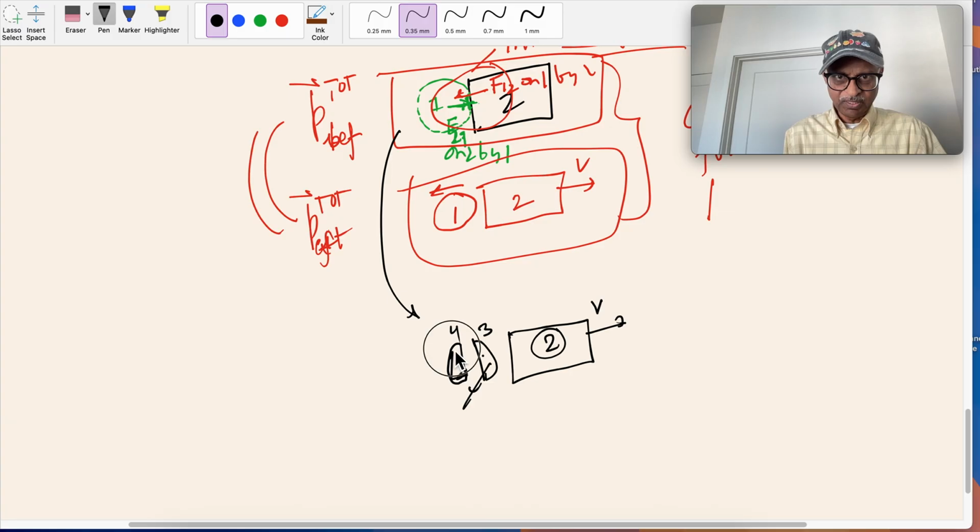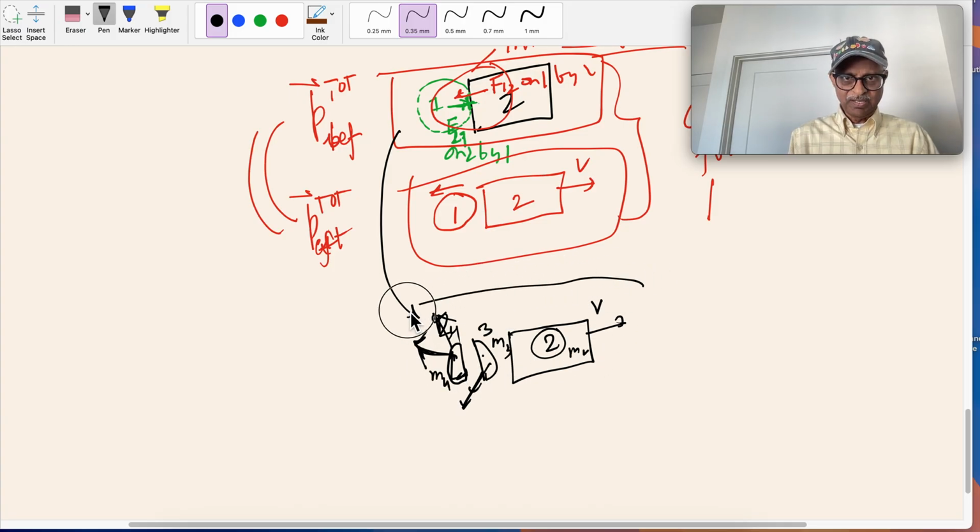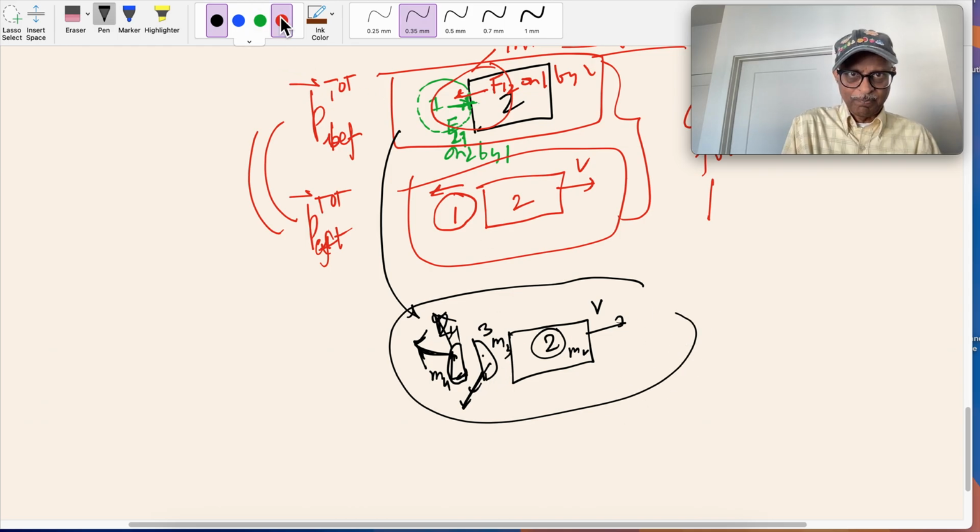Maybe one is flying this way, and one flies that way. So this is M3, M4, M2. Now this is still internal. This breakup process is still internal.